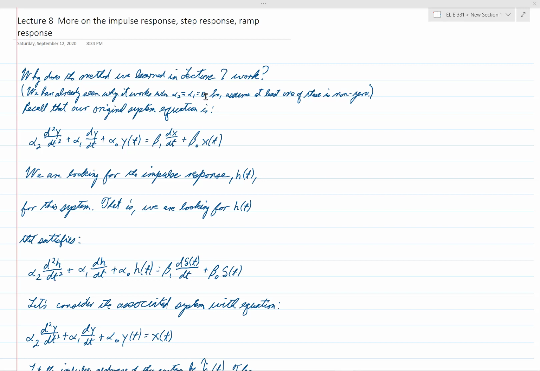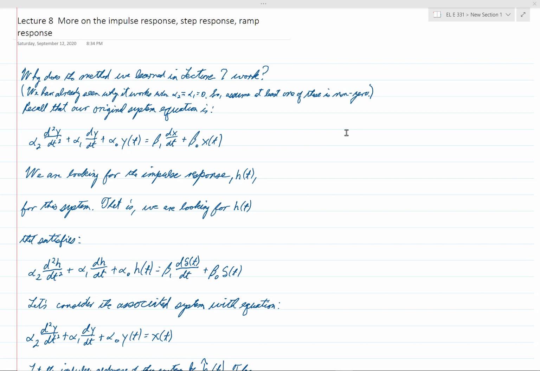So in this discussion, we're not interested in that very simple case. We're interested in the case where you have to go through all of the steps, and we want to understand why that works. So for this discussion, assume that at least one of those coefficients is non-zero.